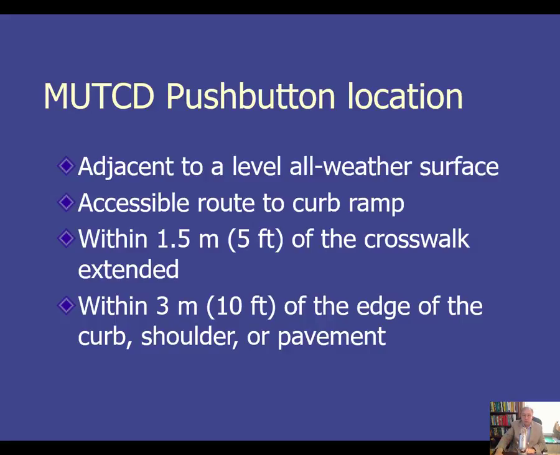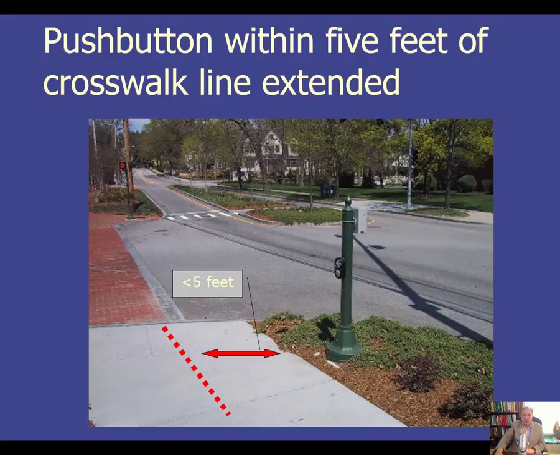So let's go to a couple of pictures. This is within 5 feet of the crosswalk extended. So this is the crosswalk line extended if we're crossing this way, and it should be within 5 feet. I wish that was always the case. And this is the all-weather area.